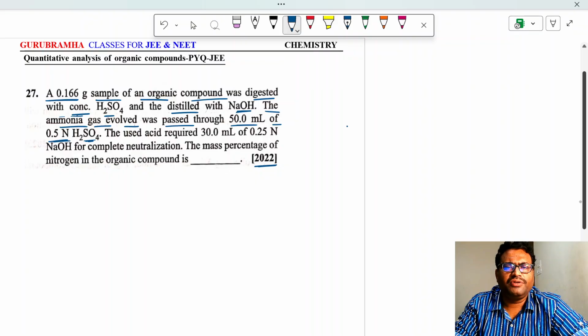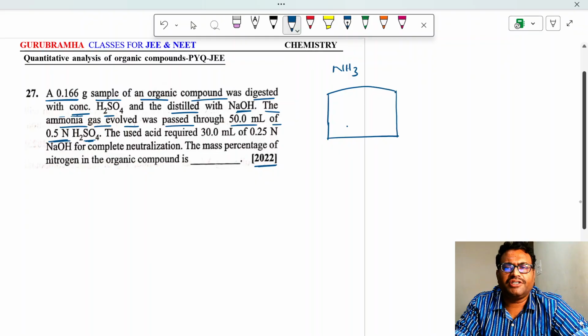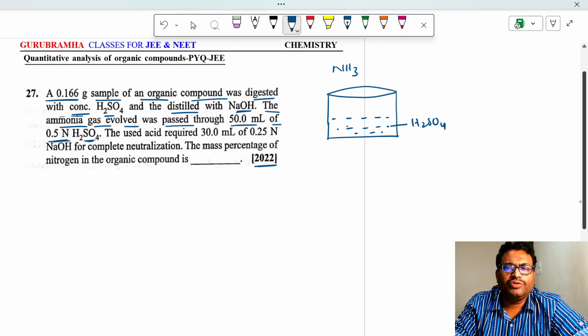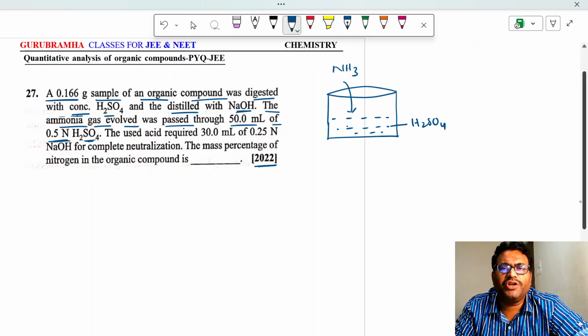So see now, ammonia is released. This ammonia is passed into what? Passed into H2SO4 solution. So when ammonia is passed into H2SO4 solution, some H2SO4 reacted with ammonia, and some remained unreacted.